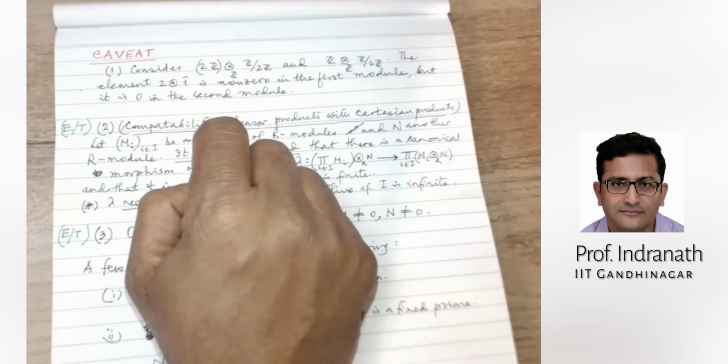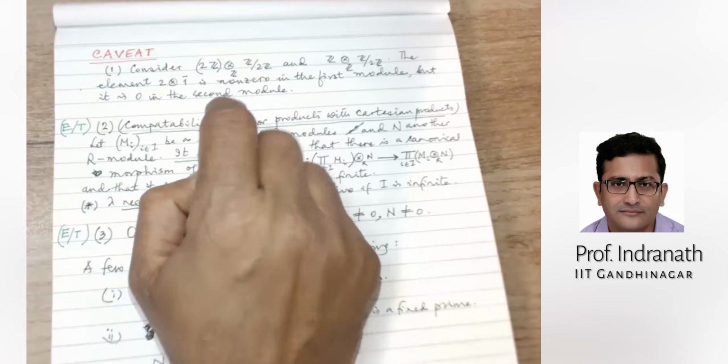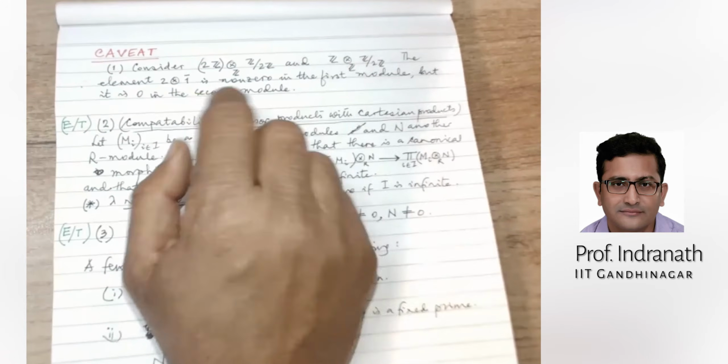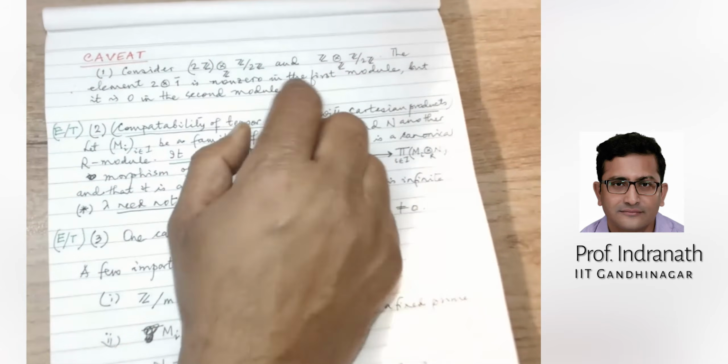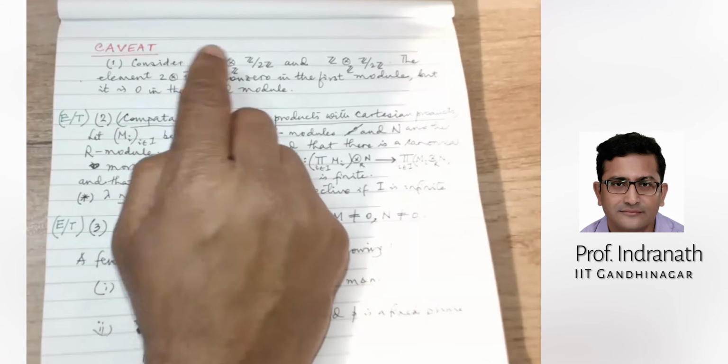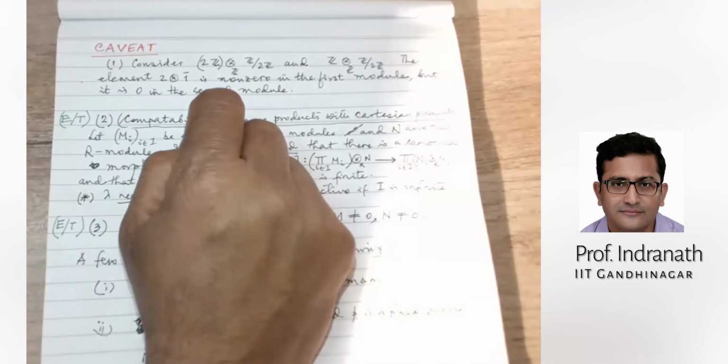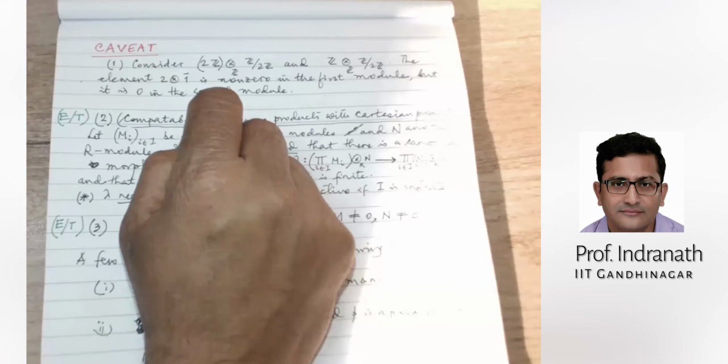So 2 can't go that side, right? The ring is 2Z. But I believe I have to give you the answer through a map, perhaps. See, why it is 0 here is clear, because I can push 2 to this side and it becomes 1 tensor 2 bar, and it is 0. But you are asking how do I show that this is non-zero here. So probably we can define a bilinear map.